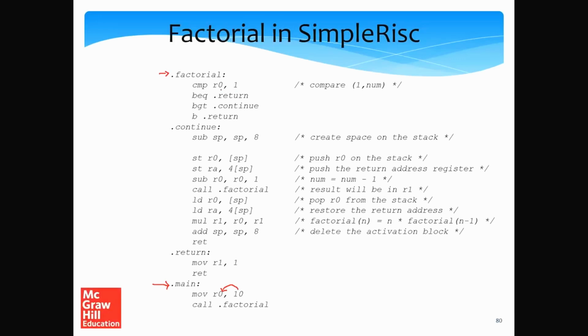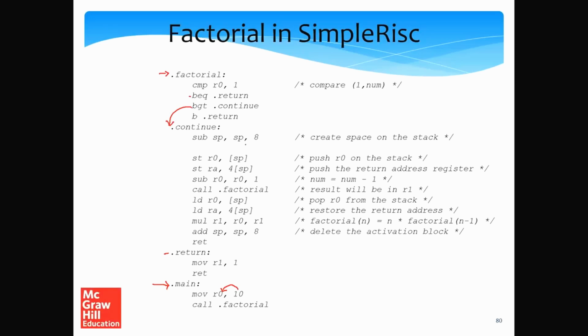If there is equality, it means that R0 is equal to 1, so we can just return, and we jump to the return point, which is over here. If R0 is greater than 1, then we need to do the recursion, so we jump to .continue. Otherwise, the only case remaining is R0 is less than 1. Then also we jump to the return label here.